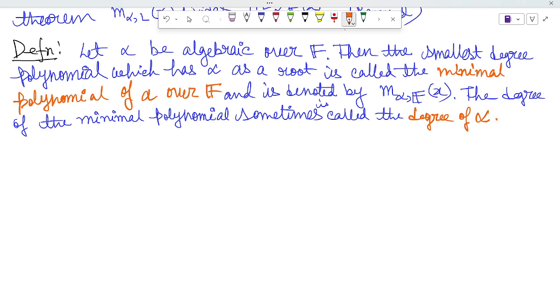Because you already noticed that over two fields they might have two different minimal polynomials, so two different degrees will be there.